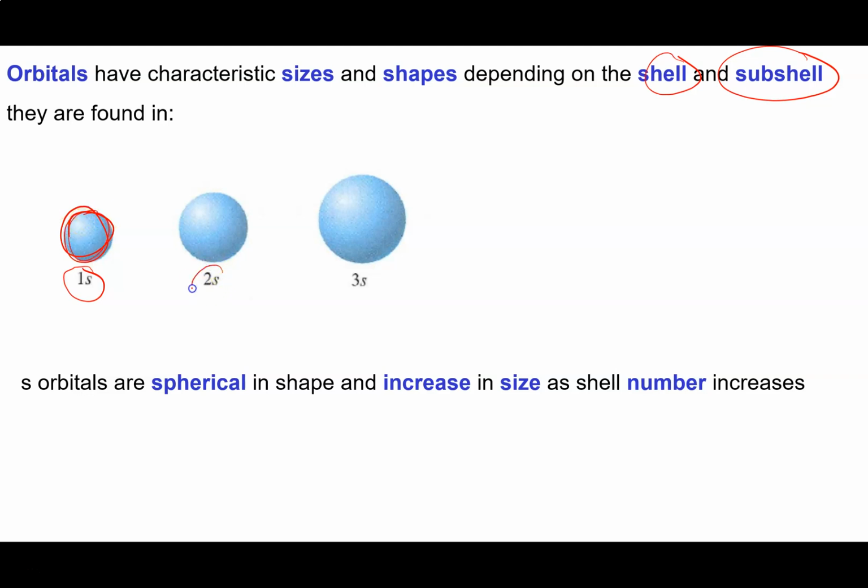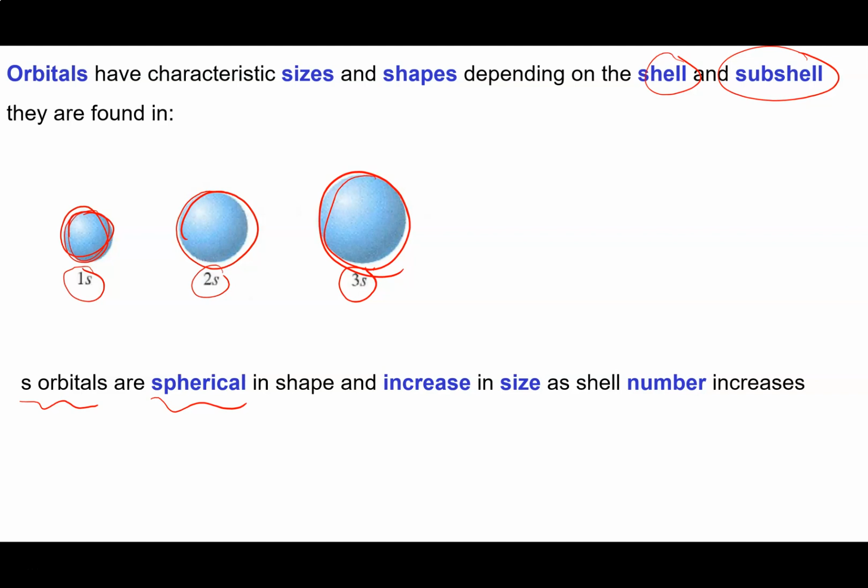A 2s subshell is comprised of 1 s orbital, but it's bigger because on average the electron is further away from the nucleus when it's in the 2s subshell. And then the 3s subshell is comprised of 1 s orbital that's even bigger again. So what we recognize is that s orbitals are spherical in shape, and they increase in size as the shell number increases.